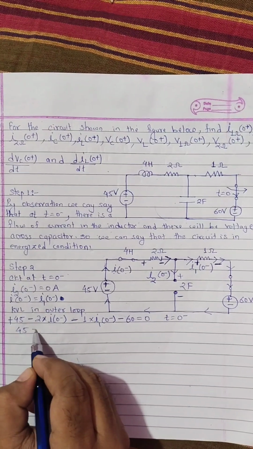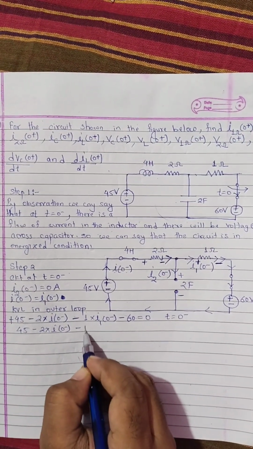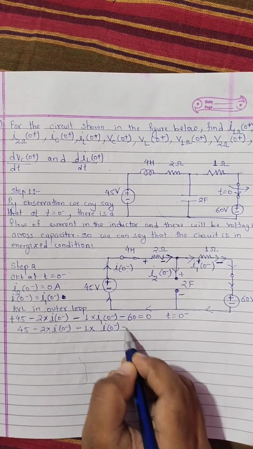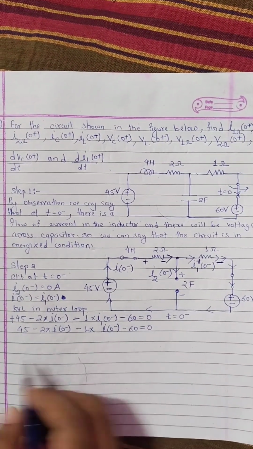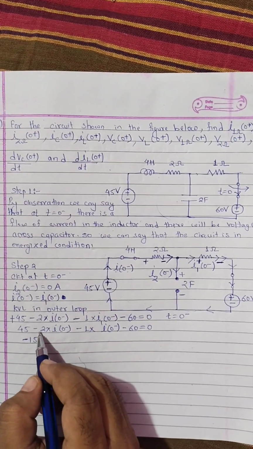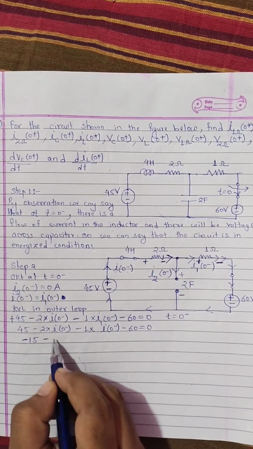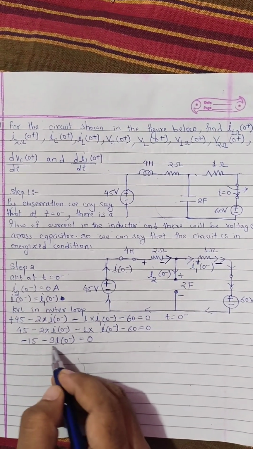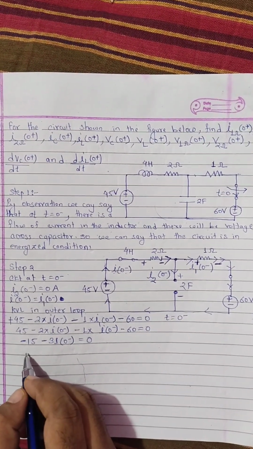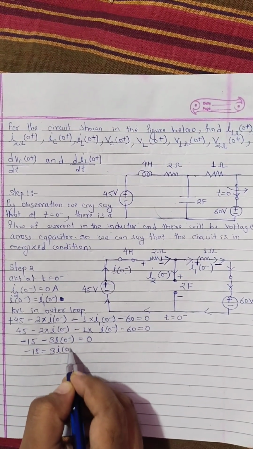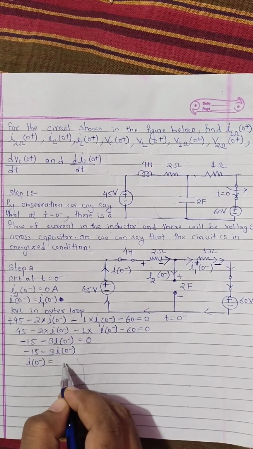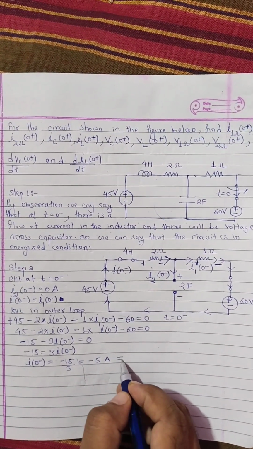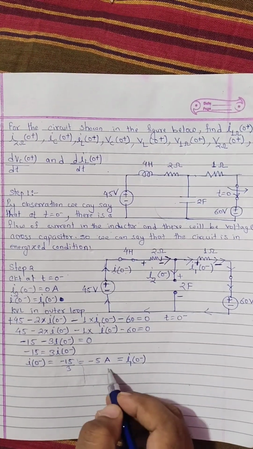So 45 minus 2 into I0 minus, and since 1 into I10 minus equals I0 minus, I10 minus is replaced by I0 minus, minus 60 equals 0. 45 minus 60 is minus 15, and minus 2 I0 minus minus I0 minus is minus 3 I0 minus, equals 0. Moving minus 3 I0 minus to the right hand side, we get minus 15 equals 3 I0 minus, so I0 minus equals minus 15 upon 3 equals minus 5 ampere, and I10 minus is also minus 5 ampere.